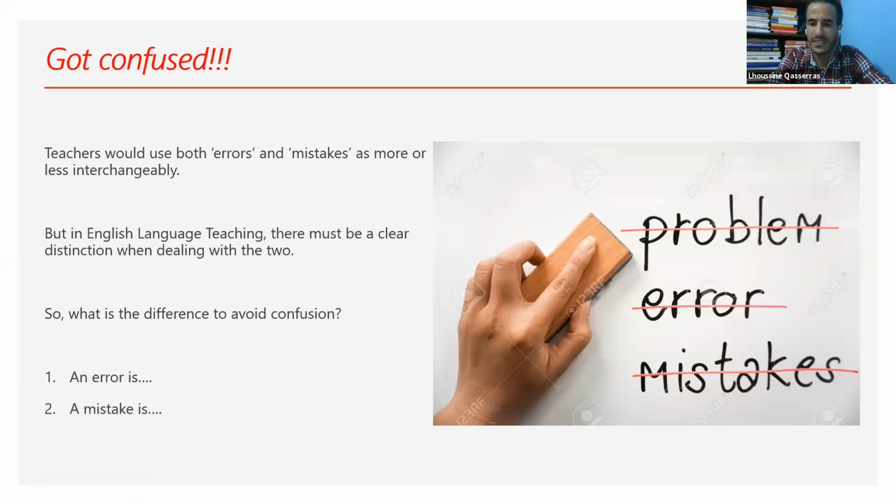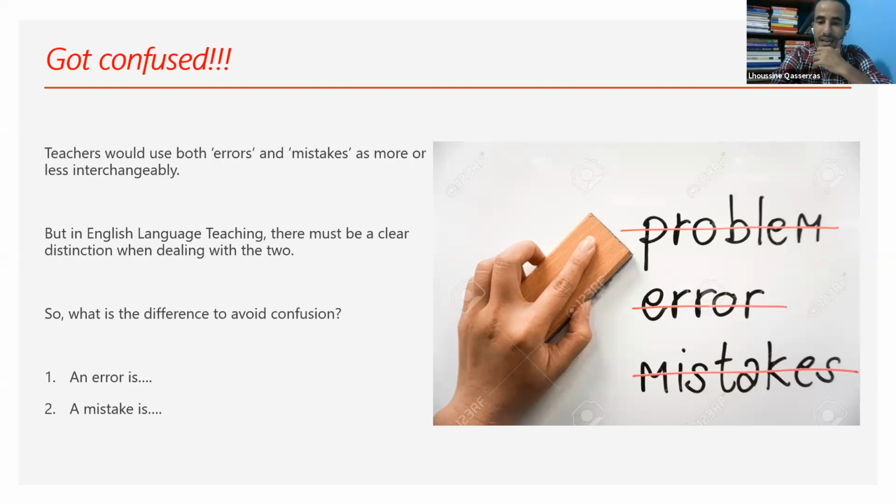Hasna, mistakes are accidental. Good term to use. Error is a grammar error. Sarah, repetitive, systematic. Bravo, Sarah, I like it. Miriam, error is lack of knowledge about language. Badi'a, mistake is a slip of the tongue. Another term, slip of the tongue. Saida, mistake is a slip of the tongue. Errors are repeated mistakes. Good.